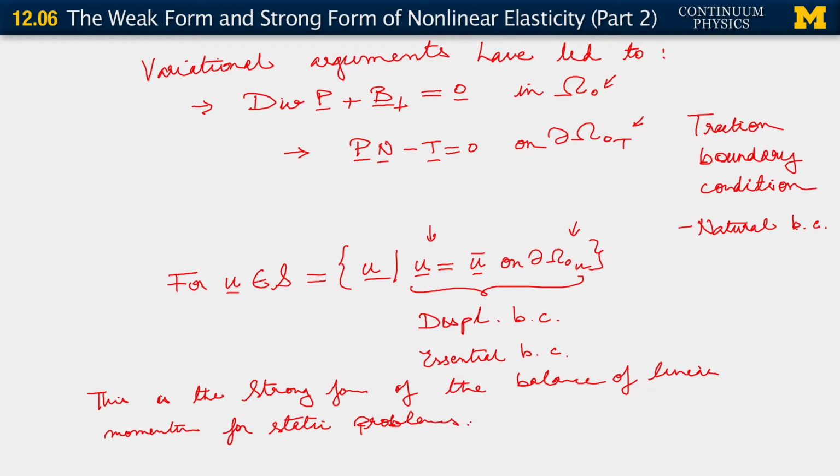Okay? And remember that we've demonstrated through variational arguments that this strong form is obtained from the weak form. Okay? The two forms are actually completely equivalent. It's also possible to start out with the strong form in this manner, multiply it by a variational field W, do integration by parts, and go back to the weak form.